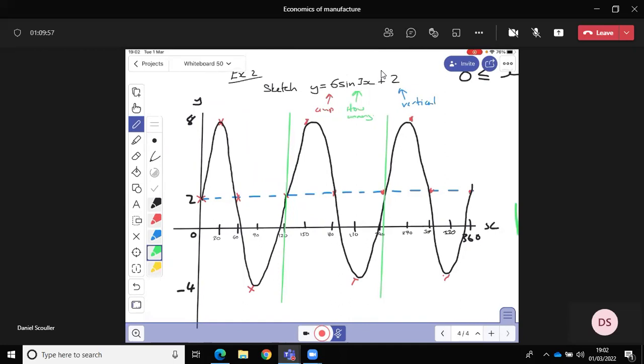Okay, so quite a lot going on there. But if you just take it one step at a time, that's all I'm saying. Every time we do any question, take it one step at a time and break that question down.